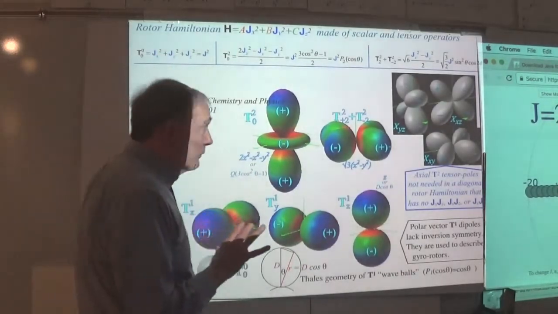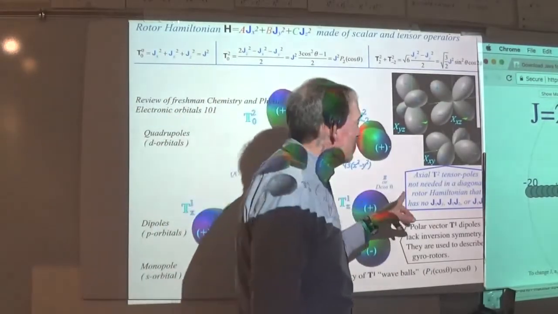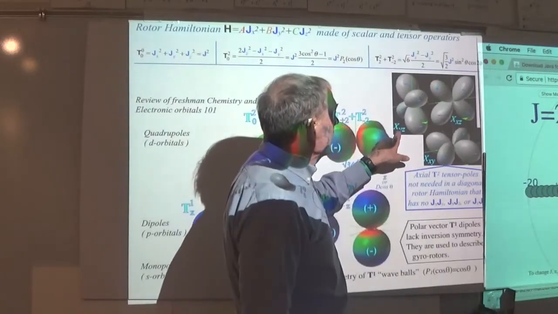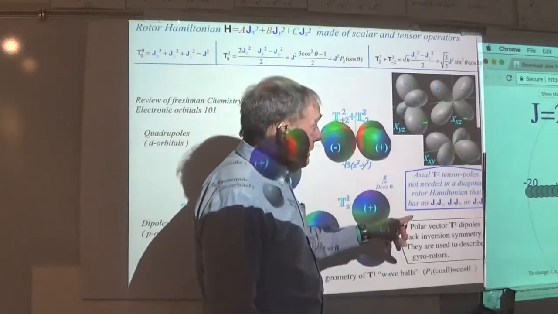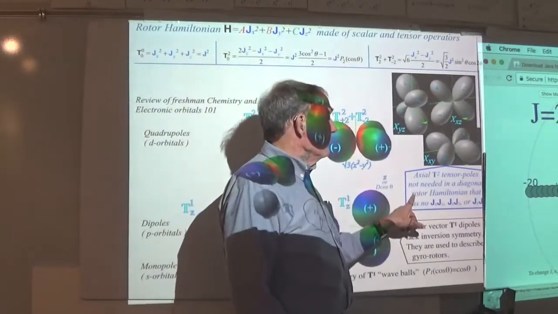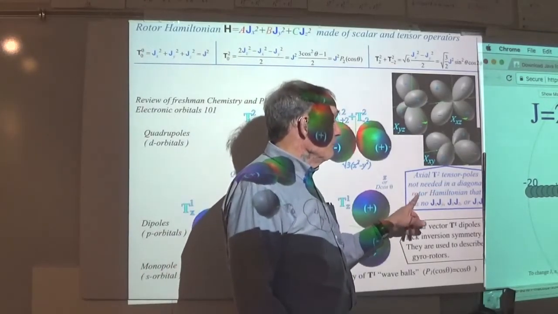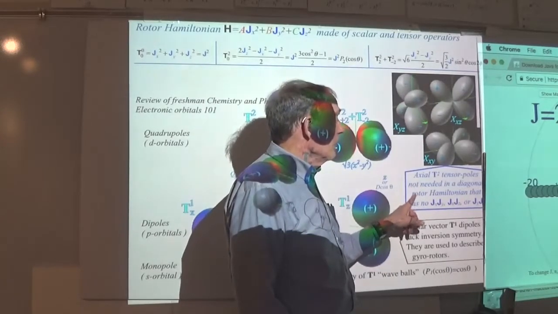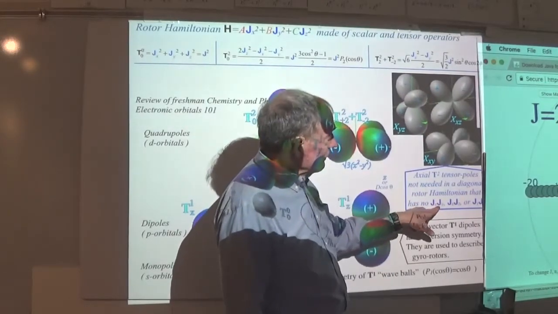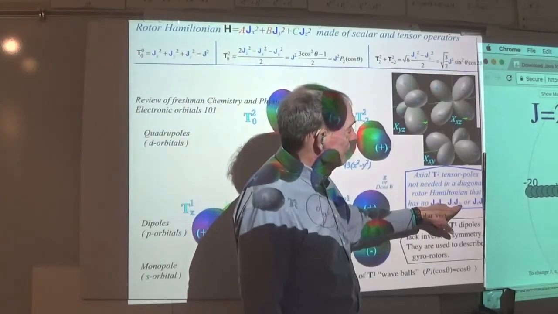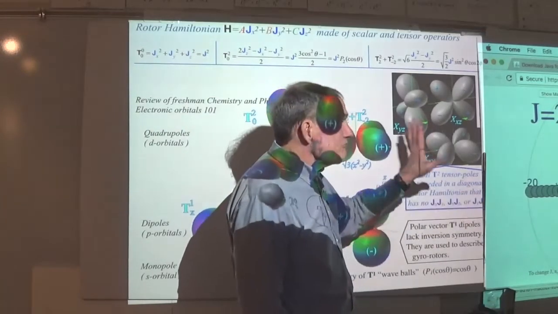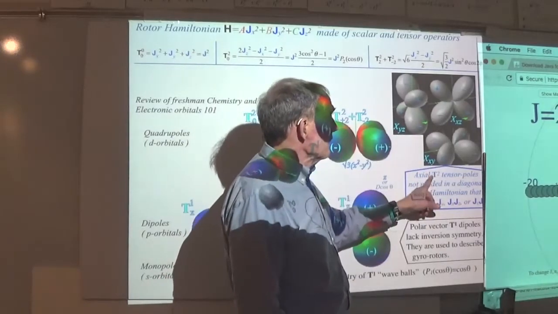Now we leave out what we call the T2 tensors, the YZ, the XZ, and the XY. If you're in the body frame, your Hamiltonian is diagonal, and I don't have any of those. So the products of Jx Jy, Jx Jz, Jy Jz, I'm not going to have any of that if I've got a diagonal tensor.